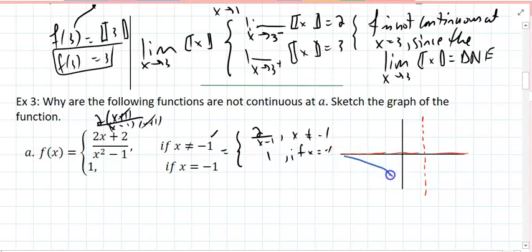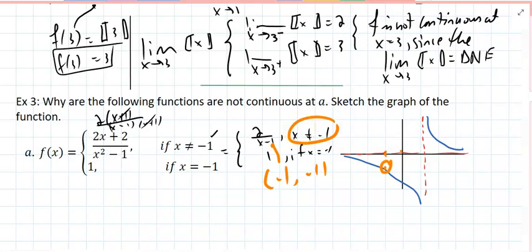So the graph looks something like this, with one exception. At -1, if I put a -1 there, 2 over -2 is -1. At -1, -1, there's a hole, because x equals -1 is not in the domain. This says if x equals -1, y equals 1. So graphically you could tell easily what's wrong. The limit exists, f of -1 exists, but they're not equal.